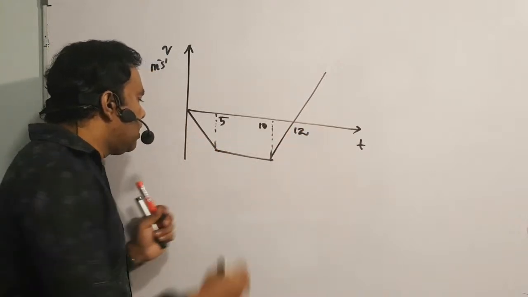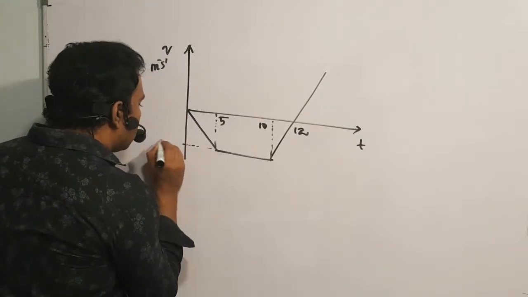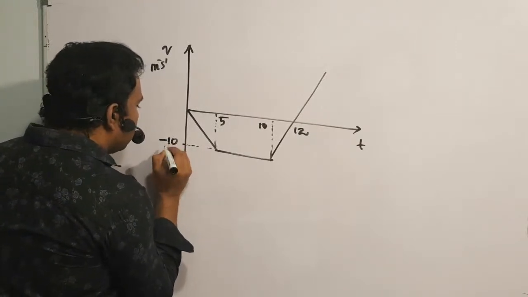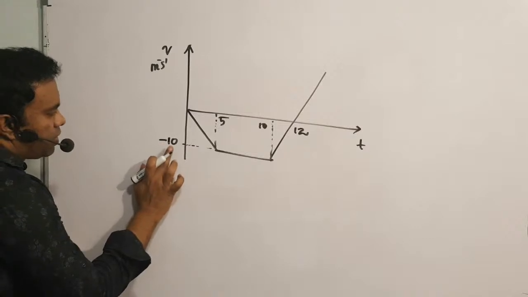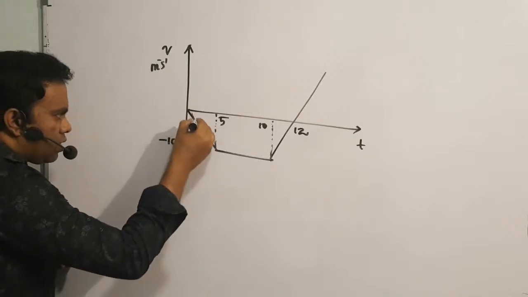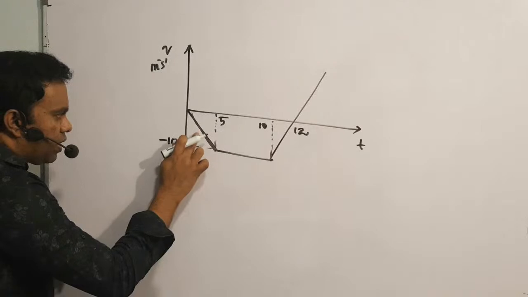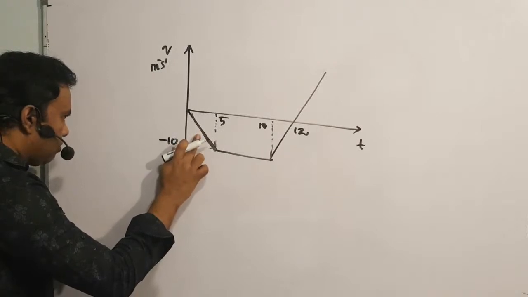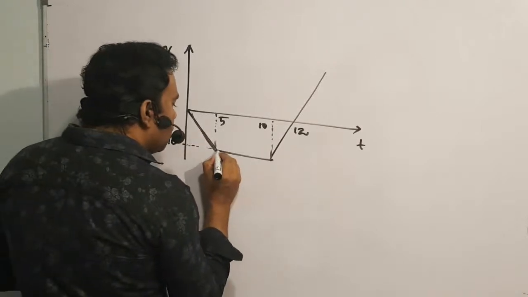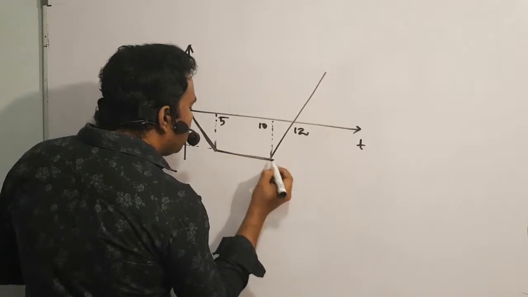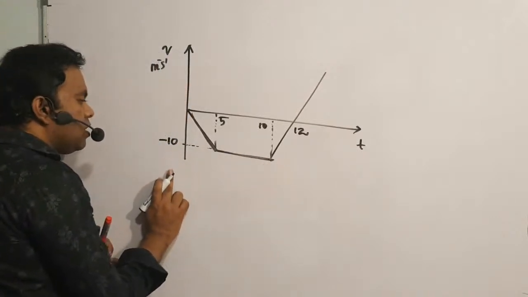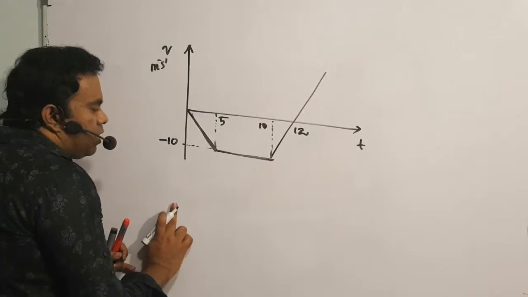What's the nature of this motion? Velocity is minus 10 meters per second. So this object has some negative acceleration, reaching a velocity of minus 10 meters per second.